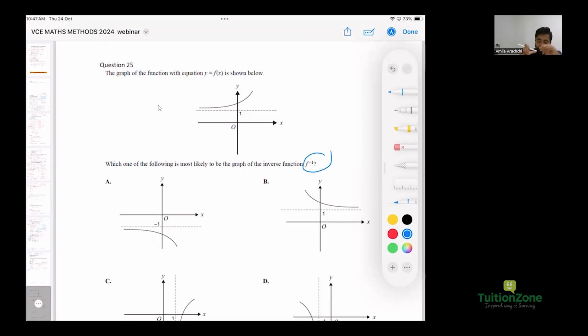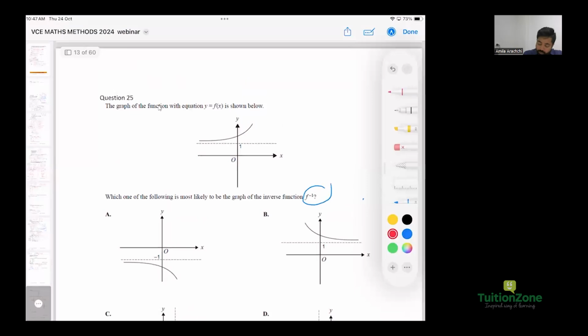For the inverse, we draw the y equals x line, isn't it? We draw the y equals x line, see here, and then flip your graph on the y equals x line. So practice these concepts a bit more.